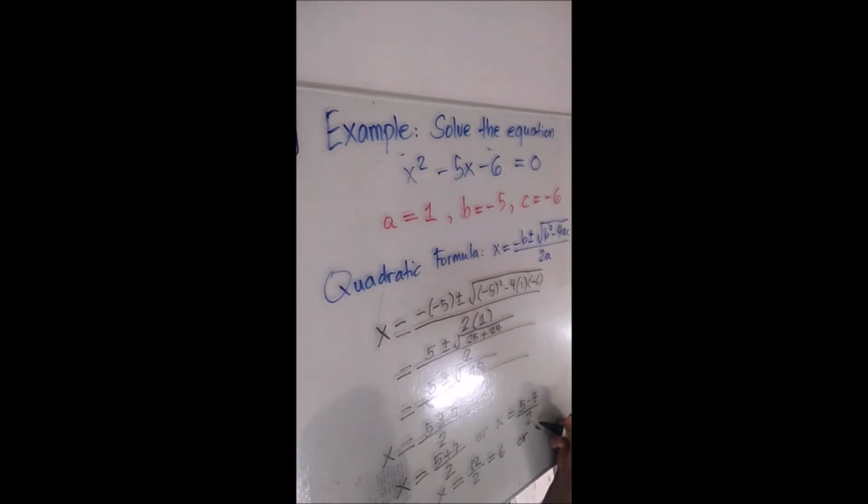Or x is equal to 5 minus 7, which is negative 2, divided by 2. So x is equal to negative 1. So we have our solution set: negative 1 and 6.